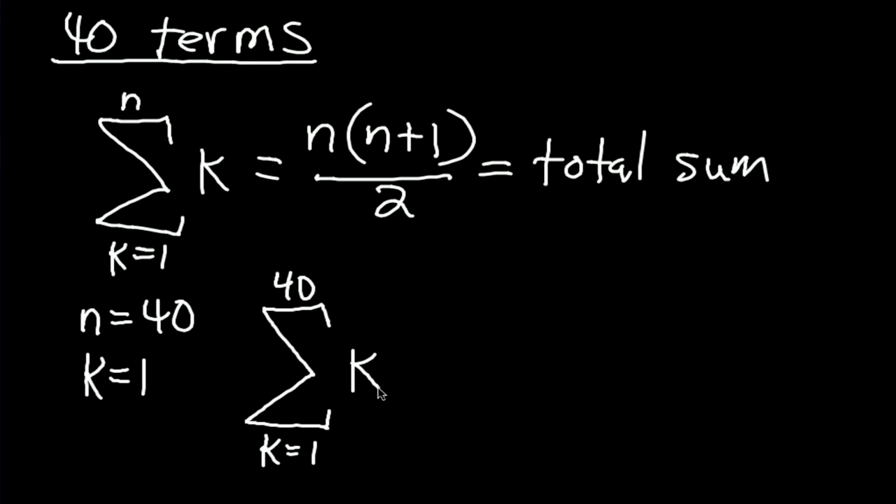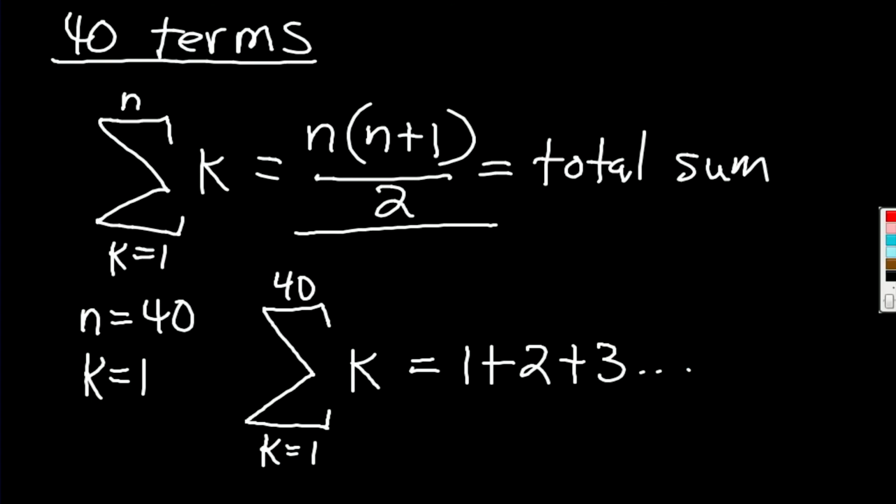Remember, we start with 1, and then we increment up each time. Let me crank out a little bit of this first. The first term will be 1, plus we'd crank k up to 2. The next term will be 2, the next term will be 3, and so forth. What we want is to find the sum of all those, and we're going to use this shortcut formula to help us.